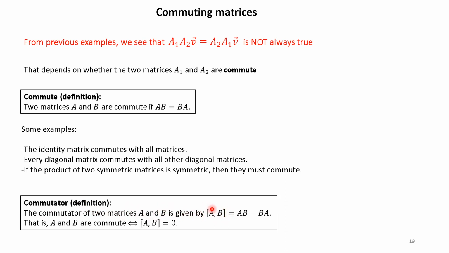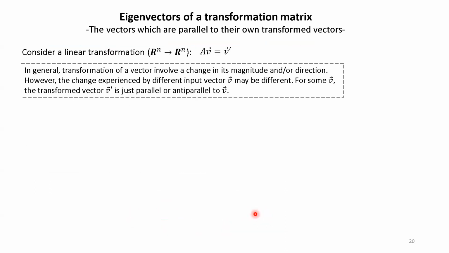So the commutator of A and B is written like this, and by definition equals AB minus BA. And you can see that if this commutator is 0, that's equivalent to saying AB equals BA, so A and B commute.